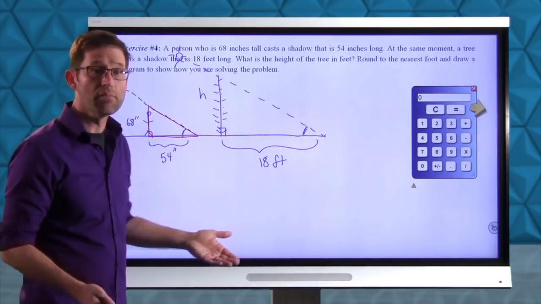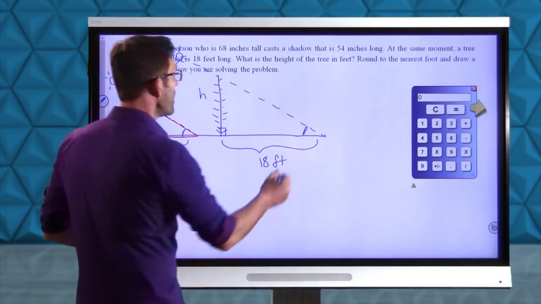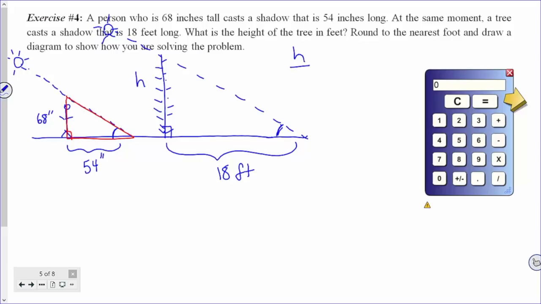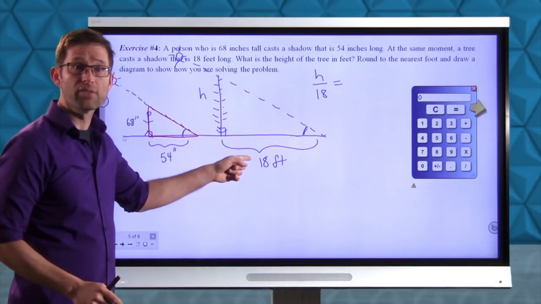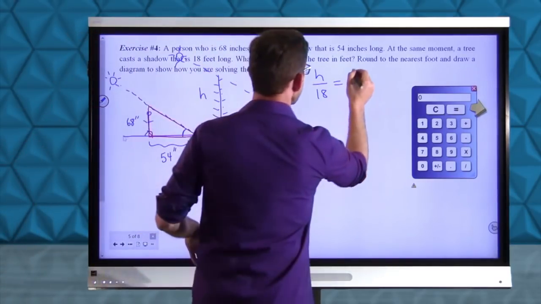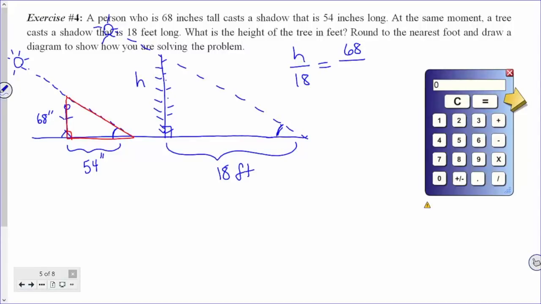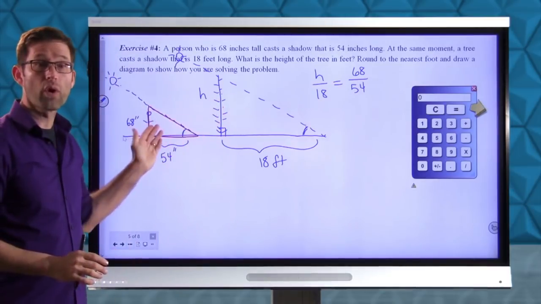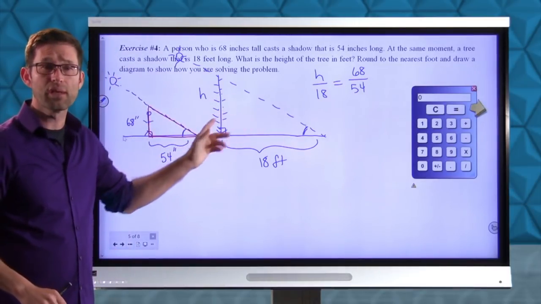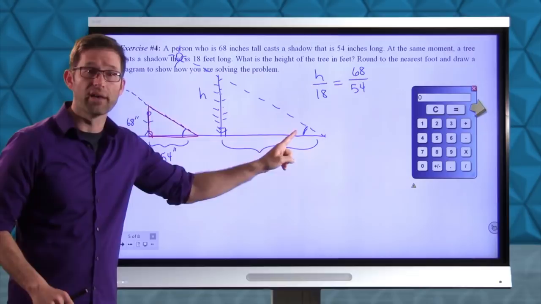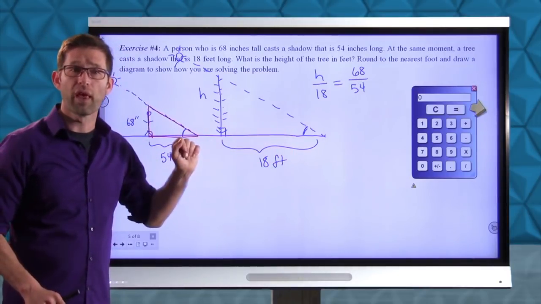But now this is easy because I can literally say h is to 18. So if I take that height and divide it by its shadow length, I'll get this height and divide it by its shadow length. Again, these two right triangles, assuming the right triangles are similar because the angle of the sun is the same in both cases.